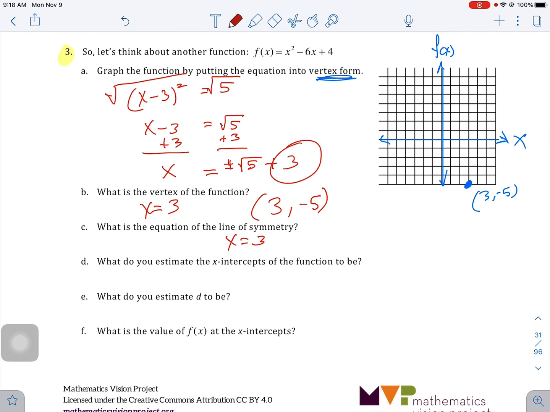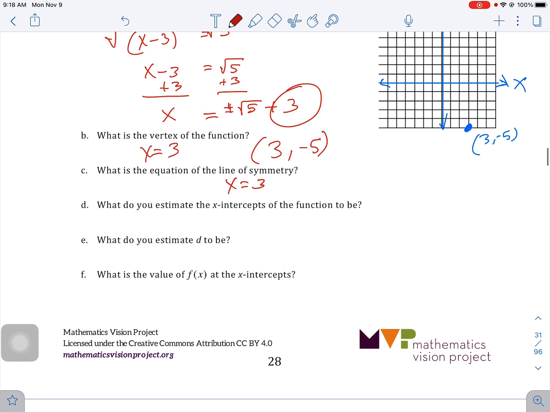What do you estimate the x-intercepts to be? Well, let's go straight to the value first. So we've got 3 plus the square root of 5, and we've got 3 minus the square root of 5. And these are our x-intercepts.